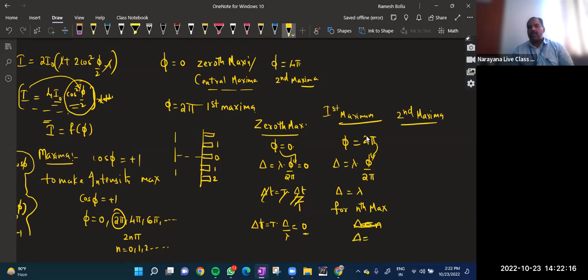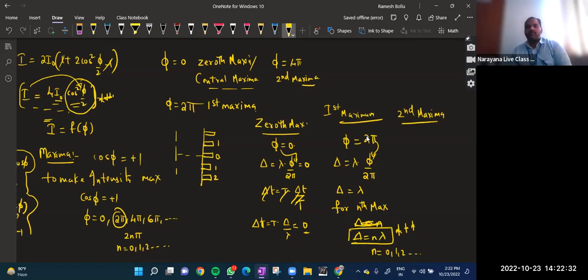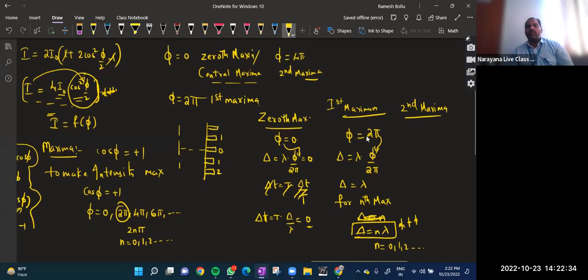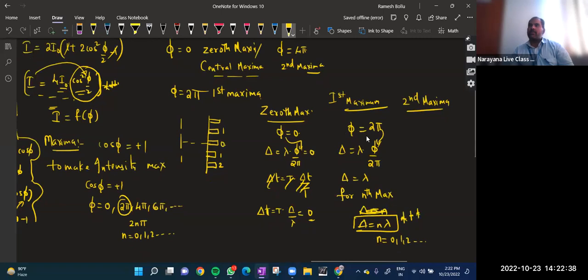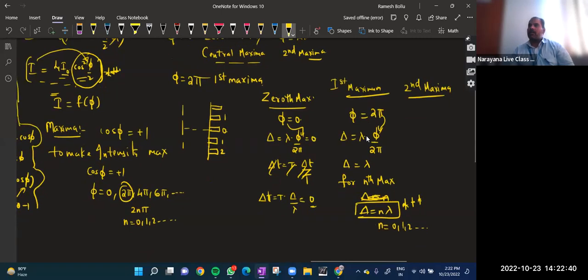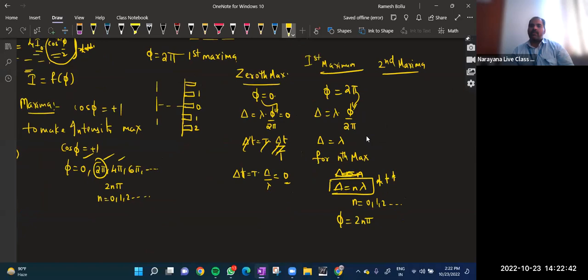I'm requesting all of you to kindly remember, students: your n value should start from 0, then 1, 2, and so on. Understood or not understood? For phase difference, how much for nth maxima? 2n pi, no? 0, 2 pi, 4 pi means 2n pi I can write. That is the condition for the phase difference.